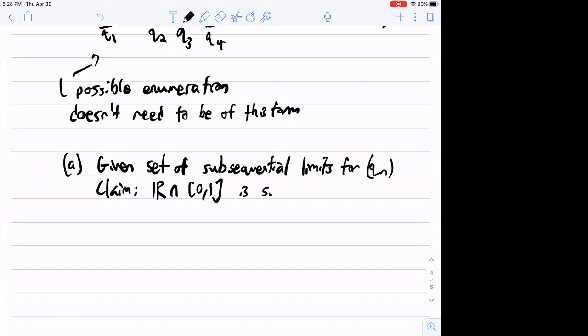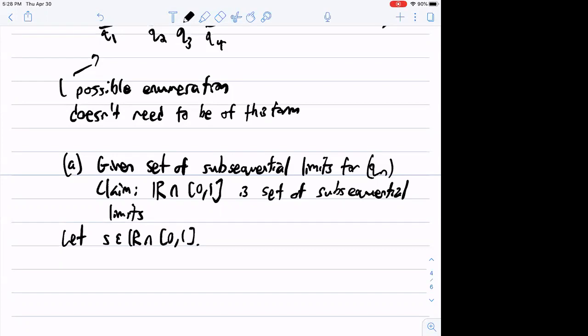So the set of subsequential limits is all of 0, 1. Right, so let's prove this. What do I need to do? Let S be some real number in 0, 1.